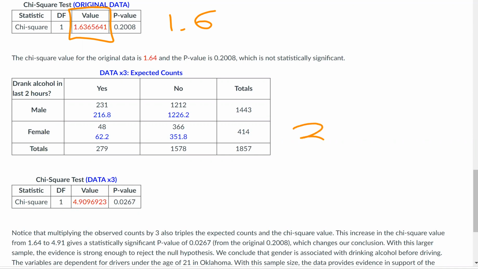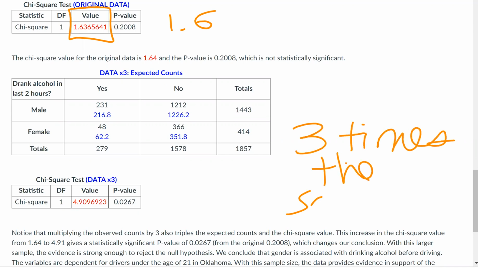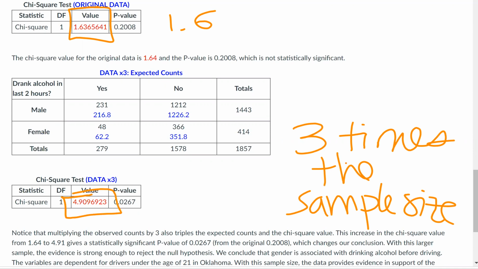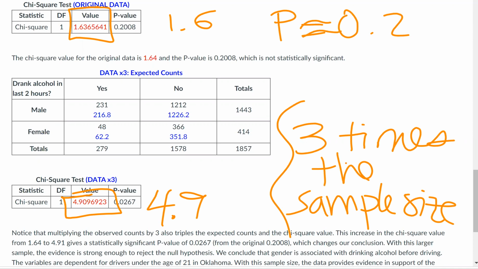With 3 times as many people, 3 times the sample size, I guess, is what we're talking about here, because it might not be people in all examples, but whatever the sample is, it's going to be people, whatever the sample size. It looks like the chi-square test statistic is now, instead of 1.6, 4.9, so it's grown quite a bit. And the p-value here used to be about 0.2. I'll put a wiggly equal sign because it's not exact. And now it's 0.02 and on and on. I mean, 0.026, I should say.